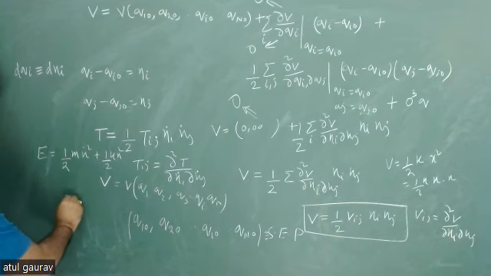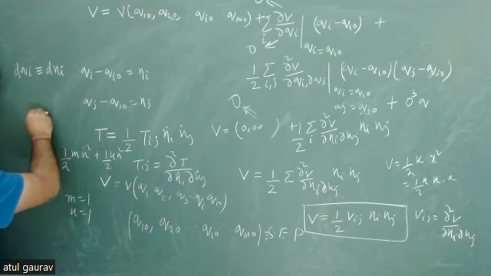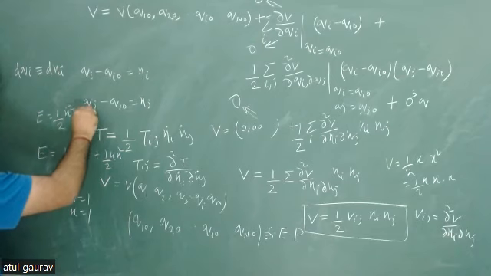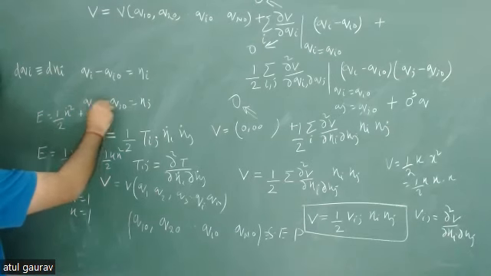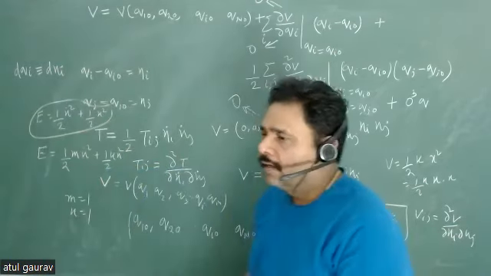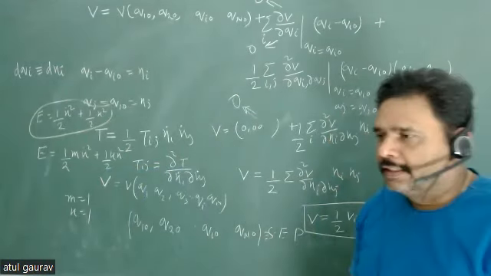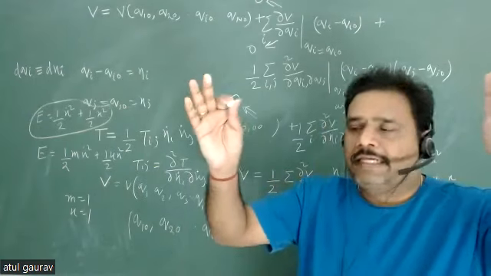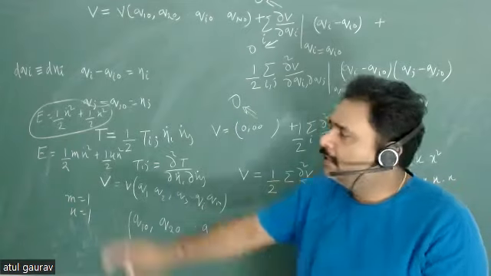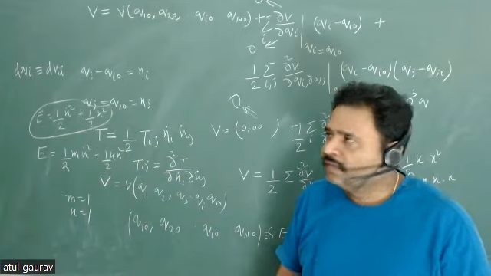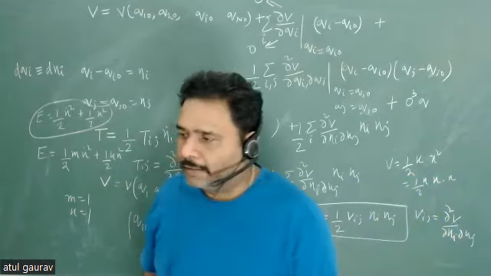If I put m is equal to 1 and k is equal to 1, I can write half x dot square plus half x square. So you can see there is perfect symmetry for kinetic energy as well as potential energy. जैसा kinetic energy का नेचर बढ़ेगा वैसा ही potential energy का भी नेचर कुछ उस तरह से होगा, such that your energy should be constant.